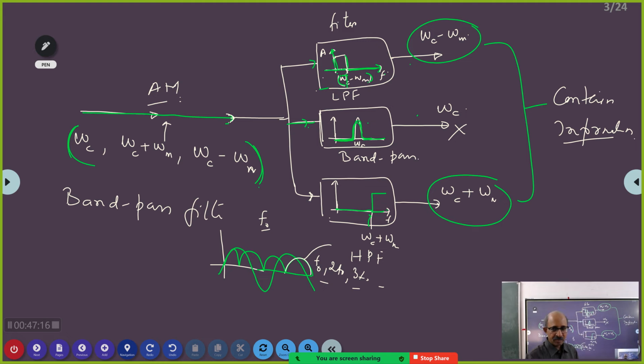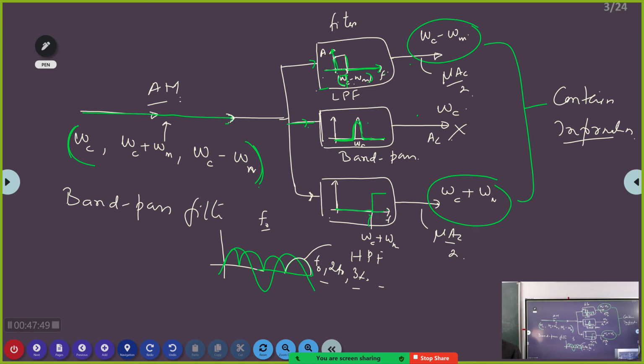Sir, do these separated waves have their respective amplitudes? Yes. If there is no loss, the amplitude of the signal will be mu AC by 2, this will be AC, and this will again be mu AC by 2.